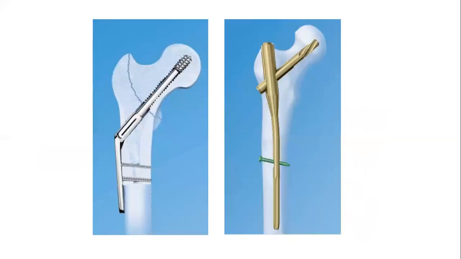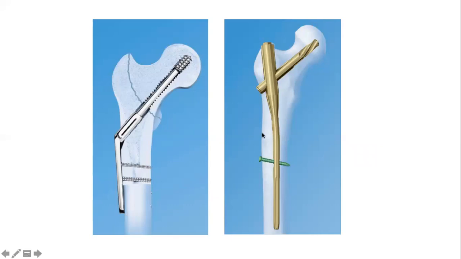Now, this is a place where the proximal femoral nail clearly stands out in regard to DHS. The proximal femoral nailing system itself provides some sort of buttress against which the neck-head fragment can give pressure.